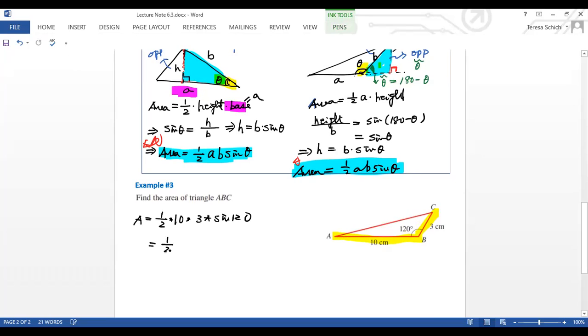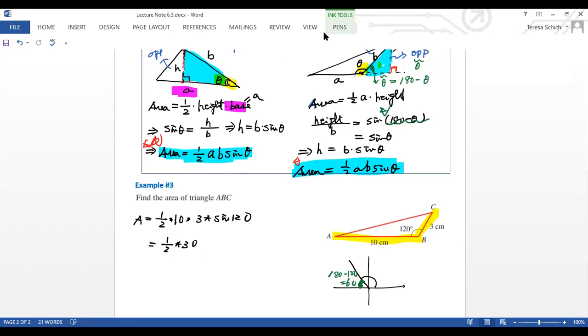So the angle is 120, right? What is my reference angle? It will be 180 minus 120, so it's 60, right?